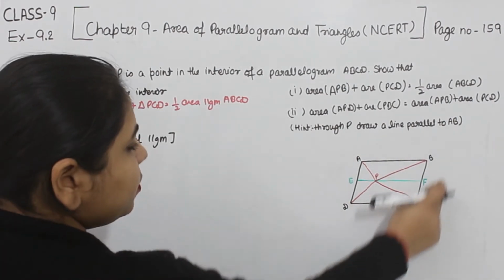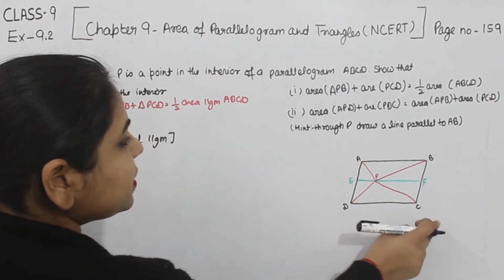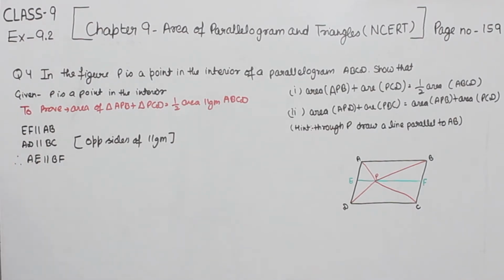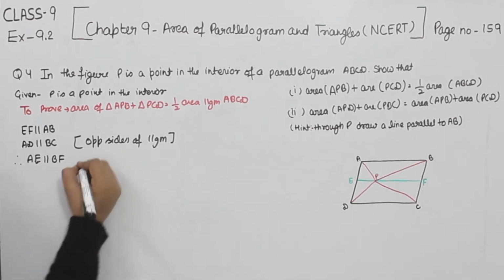Now this one is parallel to this one and this one is parallel to this one. So AE is parallel to BF. This is equation number 2.